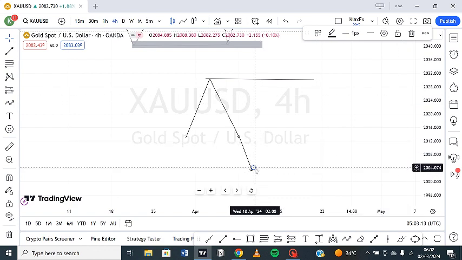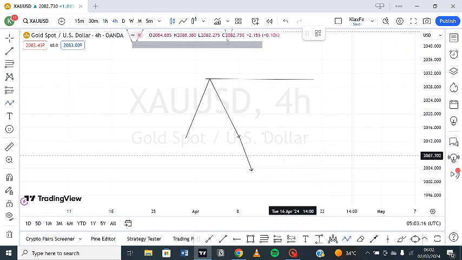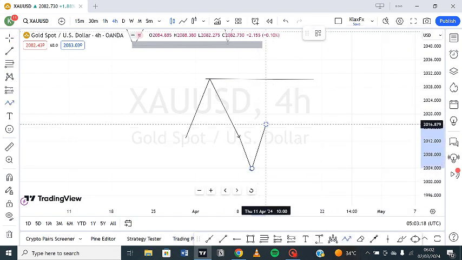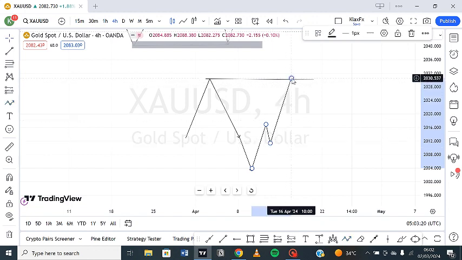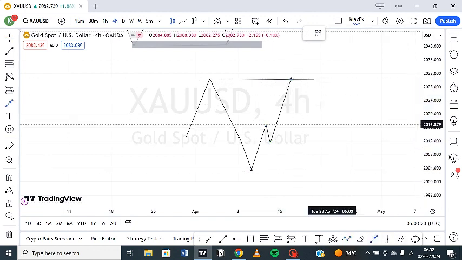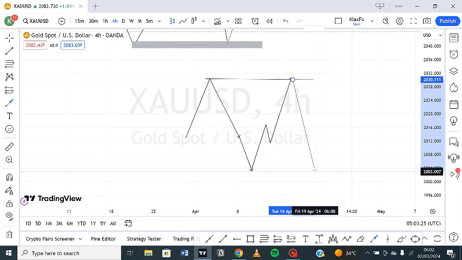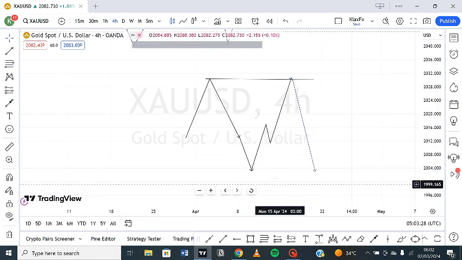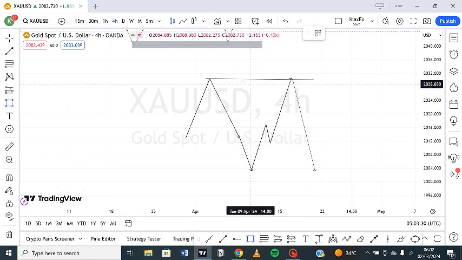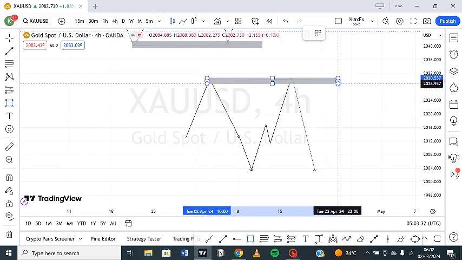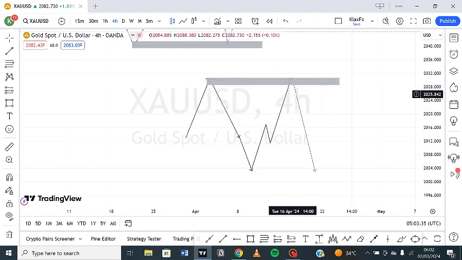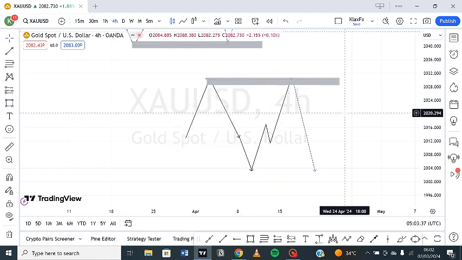You can also choose to put a box at this point. So this is how to trade the A tops and V bottoms.